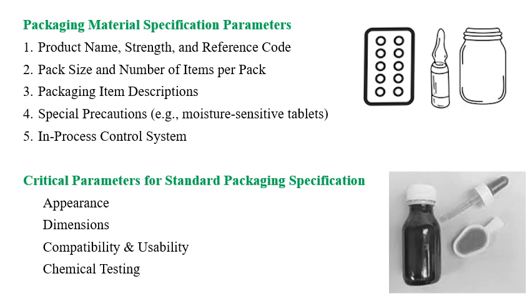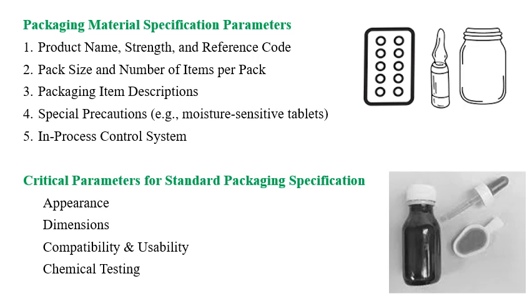If you are asked a question for specification for packaging material, then you should give the answer like it should be pack size, number of items per pack, packaging item descriptions. You can also provide the testing parameters and the specific quality control attributes of packaging materials.